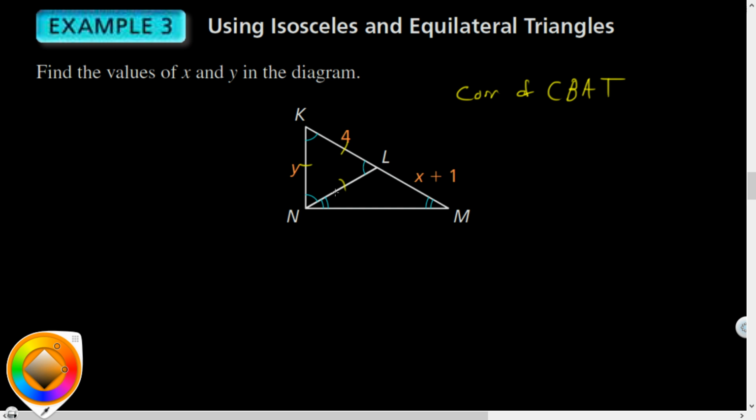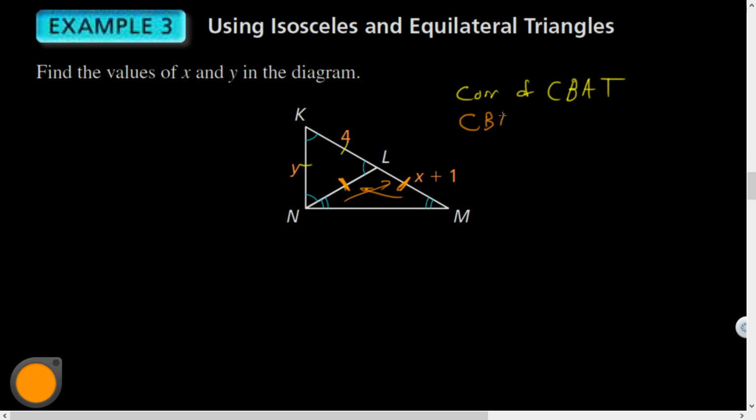I also know this is true. Why is that true? That's true because of the converse of the base angles theorem. So, what statements about x and y can we make now that I know these congruences? Well, y equals 4.